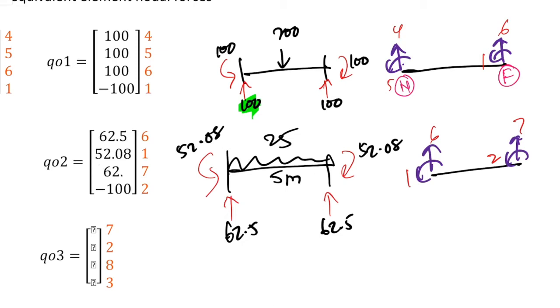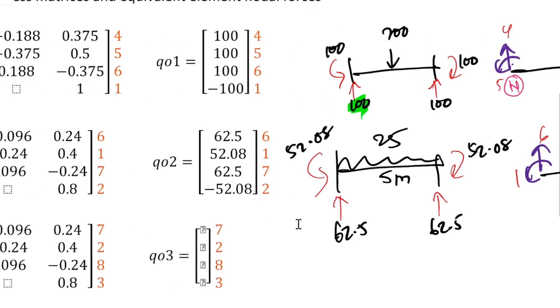And 2 is moment in the opposite direction, so we must put negative 52.08. Okay, so we continue to calculate the value for element number 3, for Q naught 3.